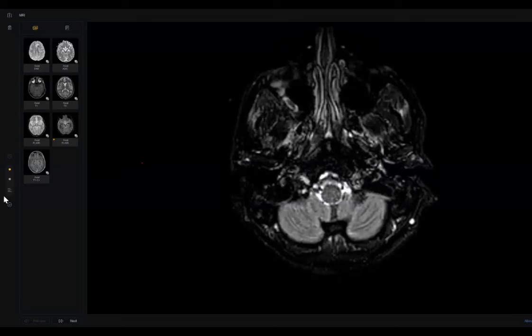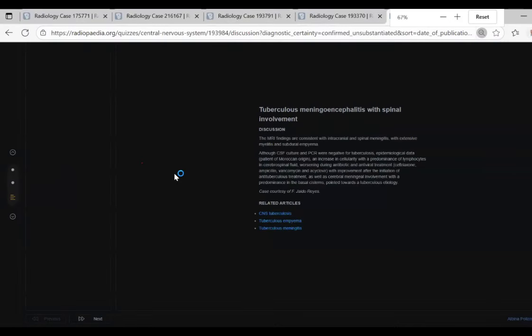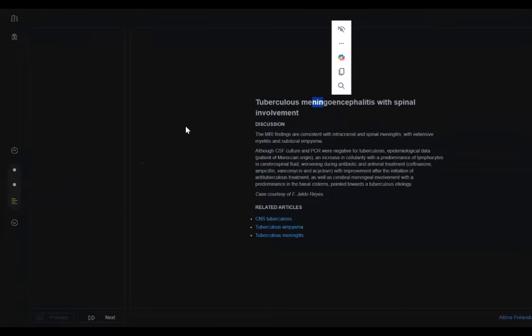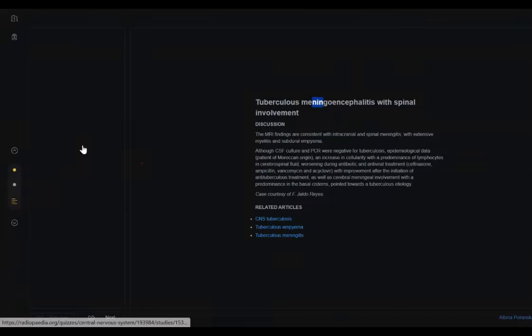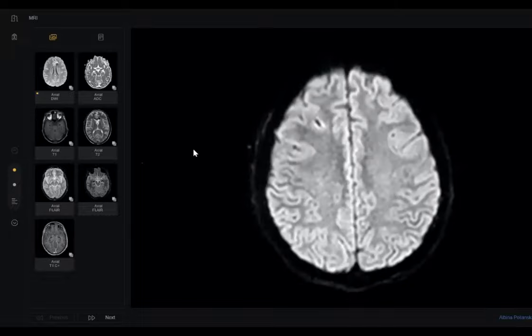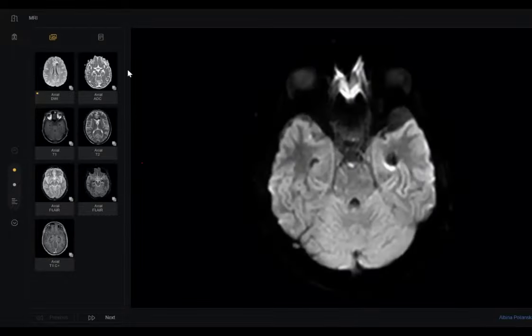So what is the diagnosis of this case? This case was tuberculous meningoencephalitis with spinal cord involvement. Meningeal, no, what is the encephalitis here? Because in diffusion, if you look here, you will find some infection in diffusion.